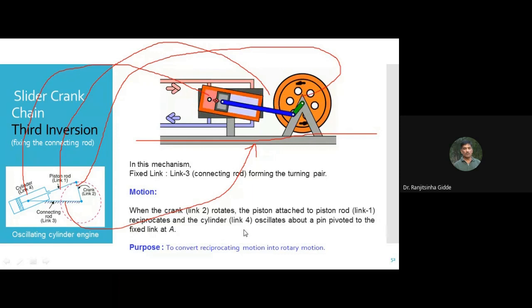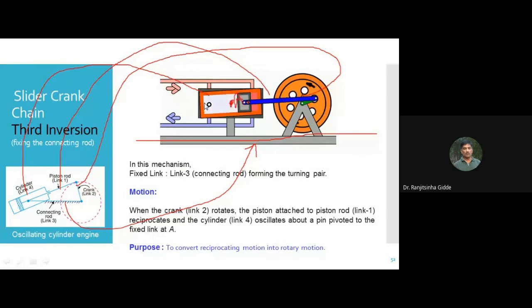And cylinder 4, that is this link, is going to oscillate about the pin pivoted at point A. Imagine one point here, A point. The cylinder is going to oscillate about this A point.